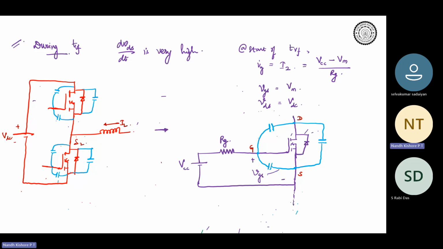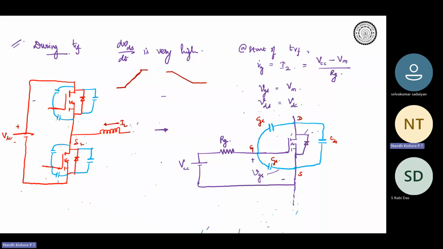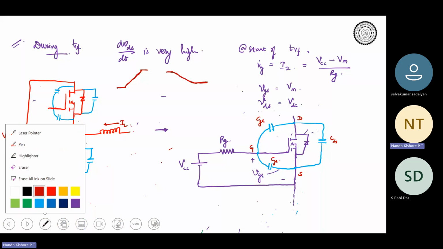Should it be positive or negative? See, if it is positive, it means that drain source voltage is increasing. So dVds by dt should be negative, right? Because the voltage is falling. The device is turning on. Correct? Do you understand?